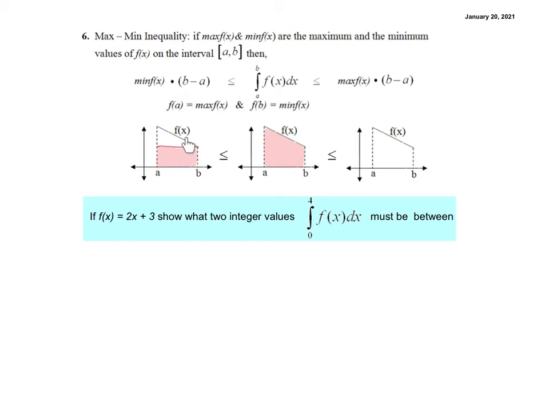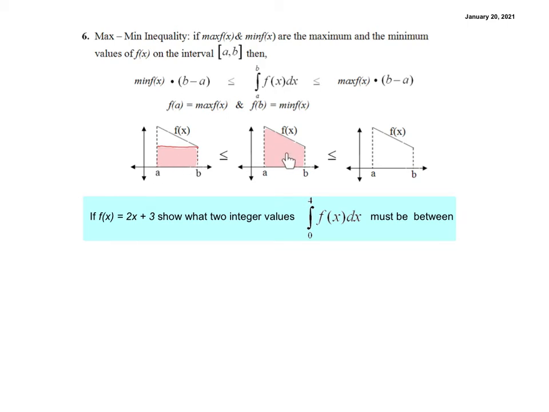The minimum value for the function is the lowest value here. And so this is the lowest value, this height, times b minus a, this width of this rectangle. So therefore, this would be the minimum value of the function f of x, the height here, times b minus a gives us this area.